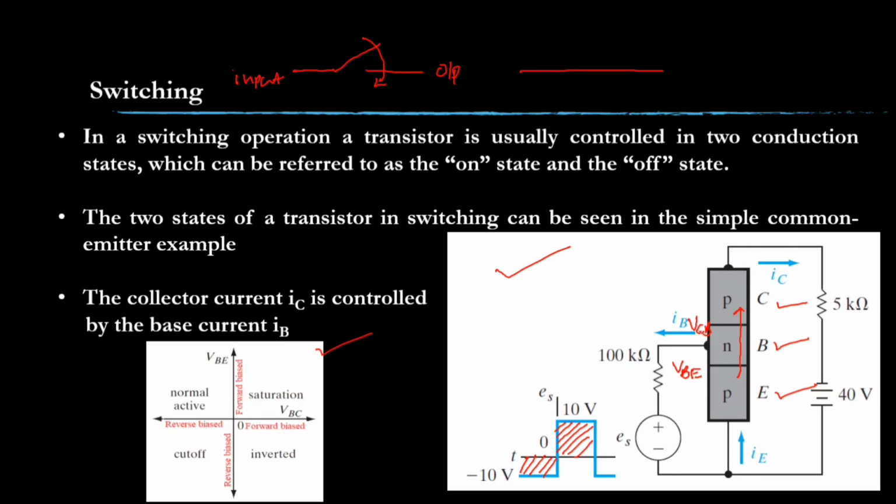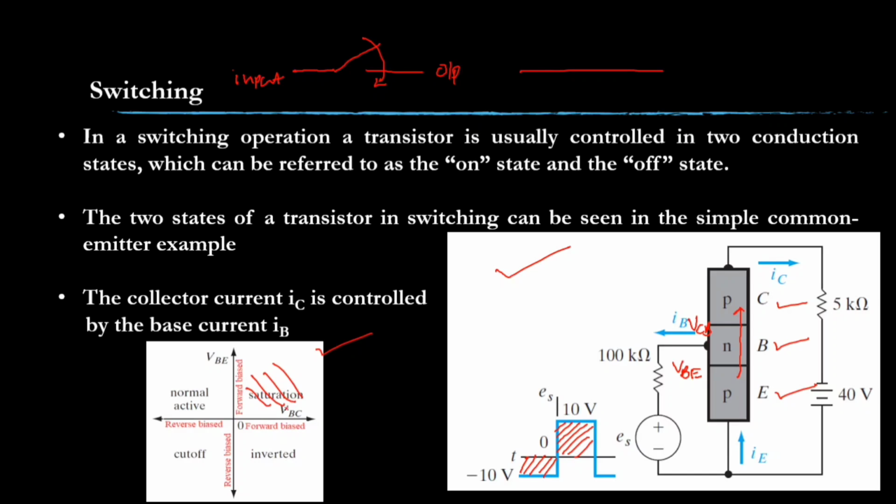Two junction voltages I have taken. So look at this. If both junctions are forward biased, then we call it saturation, that the BJT is working in saturation mode.